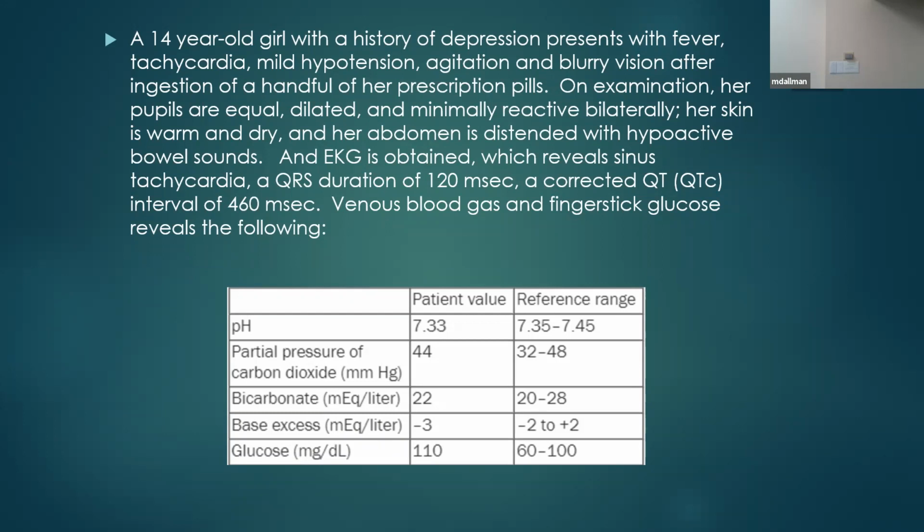An EKG is obtained, which reveals sinus tachycardia, a QRS duration of 120 milliseconds, a corrected QT interval of 460 milliseconds. Venous blood gas and finger-stick glucose reveal the following: pH 7.3, carbon dioxide 44, bicarb 22, base -3, glucose 1.